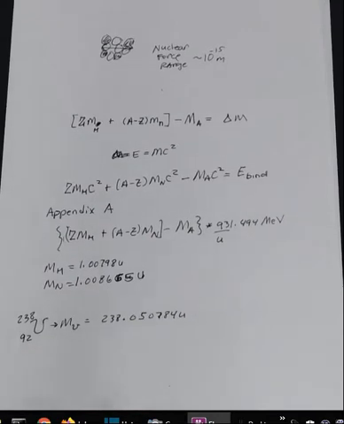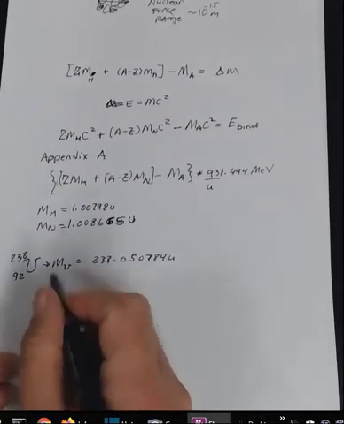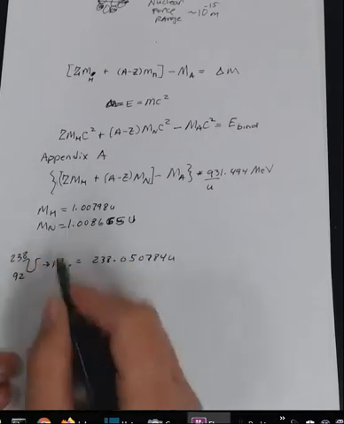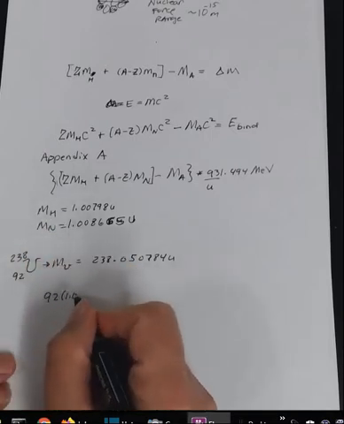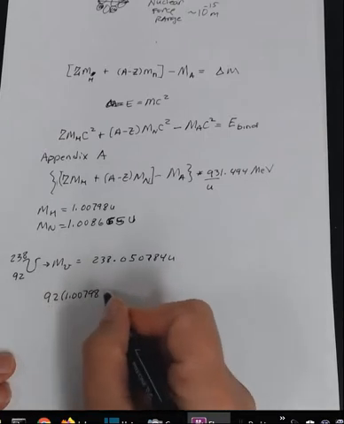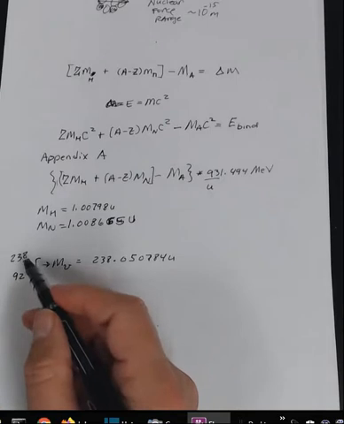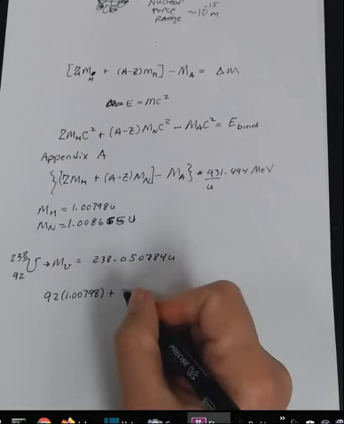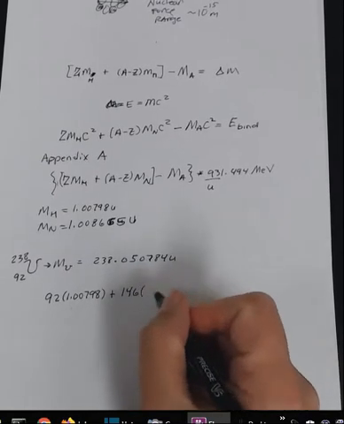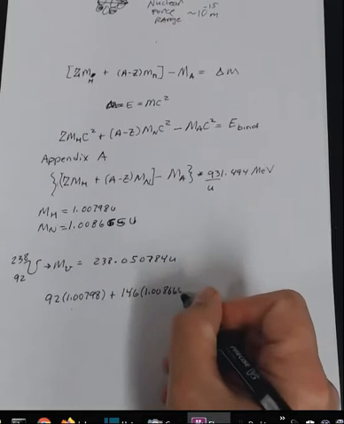So let's see if we can calculate the binding energy. We have 92 hydrogen atoms if we include electrons, so 92 times 1.00798, plus, since we have 238 total protons and neutrons, that means 146 neutrons, which are 1.008665 U each.